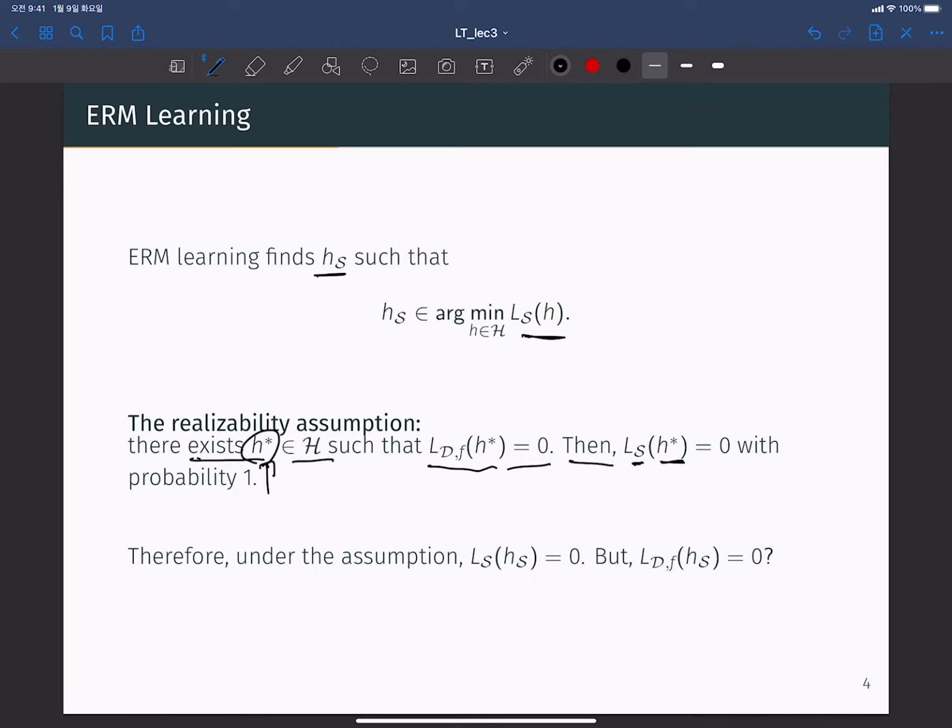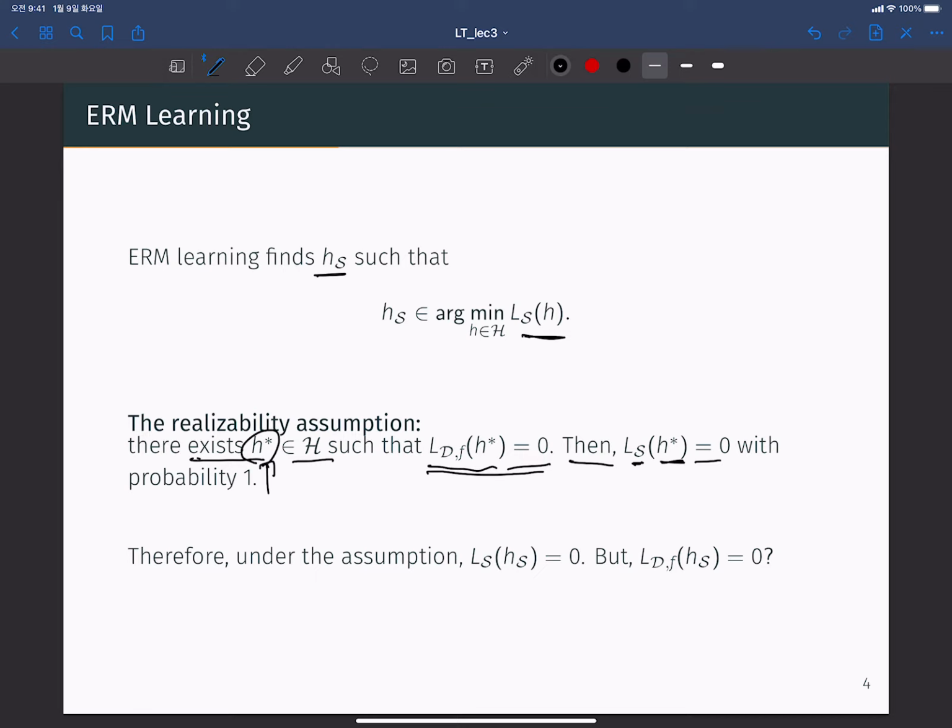Okay, let's assume this. Then, basically, since the sample S comes from the distribution D as well, your H star's empirical risk is also equal to 0 with probability 1, because the expectation loss, the test loss, is equal to 0. When you can find H star, then basically the sample error, the empirical risk error, is also equal to 0.